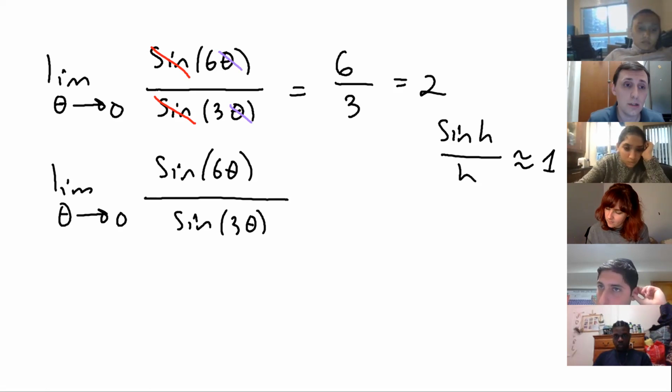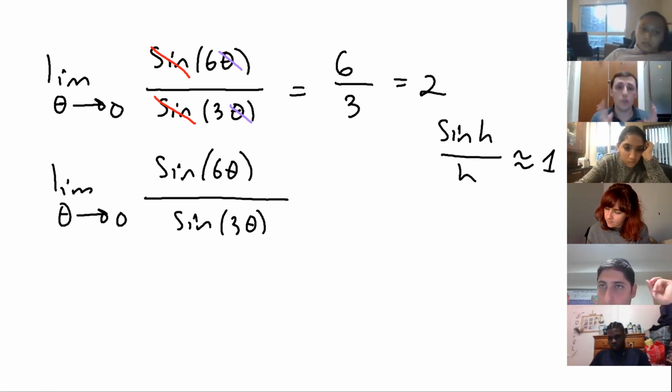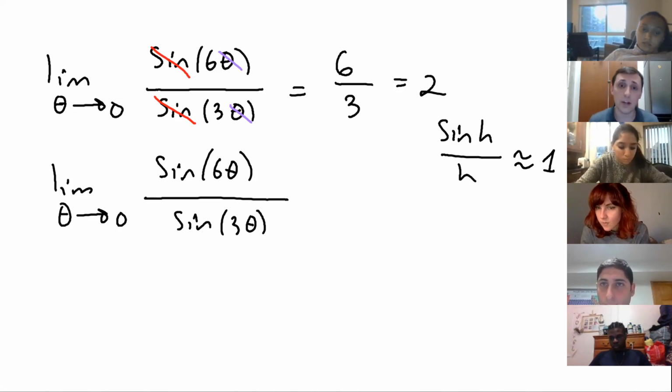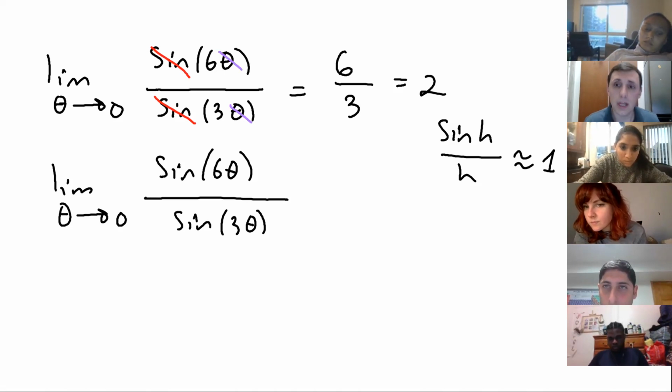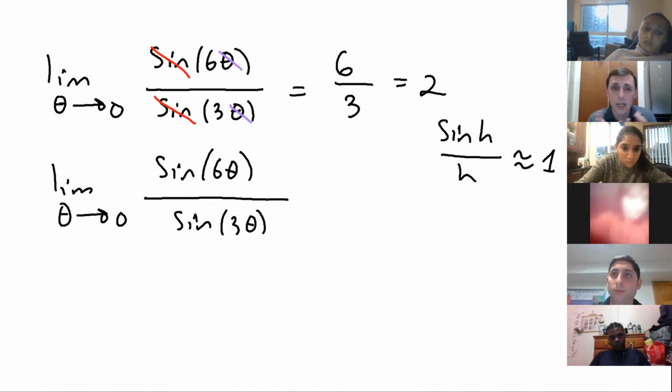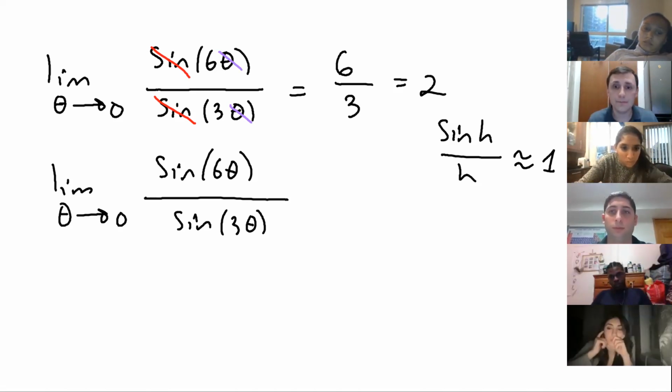Do you agree? How can sine h over h approach 1? That means numerator and denominator are becoming very, very similar, right? The only way you see 1 is a number divided by itself. So that means the numerator looks like h. In other words, sine applied to the angle looks like the angle.